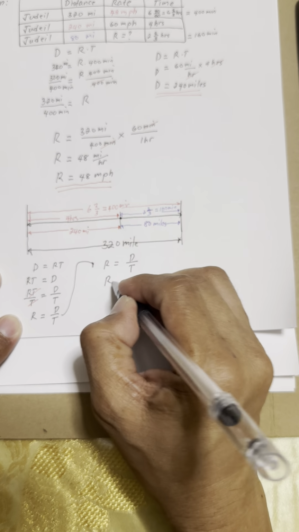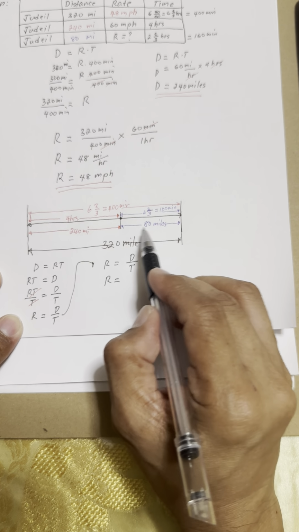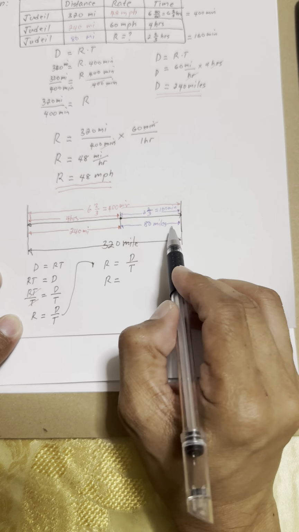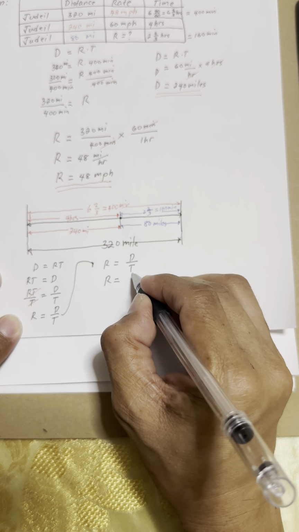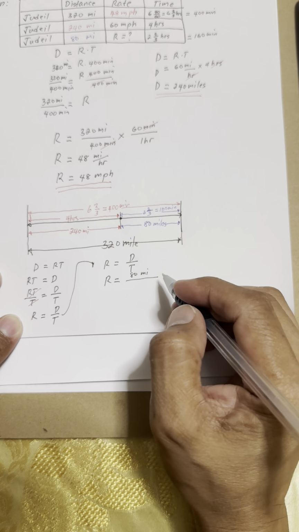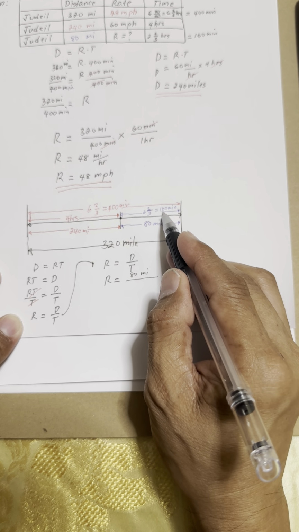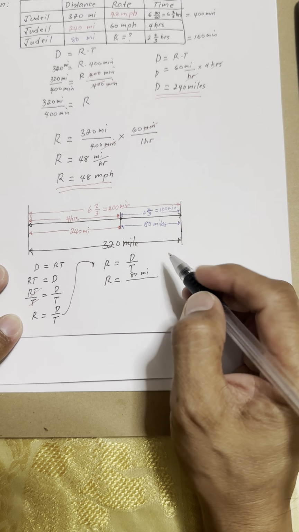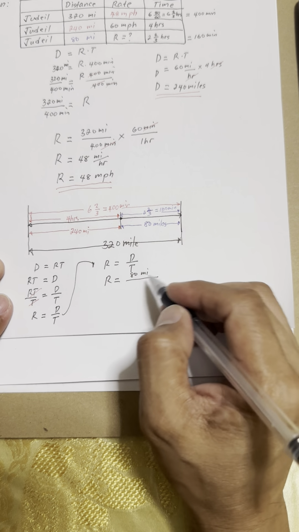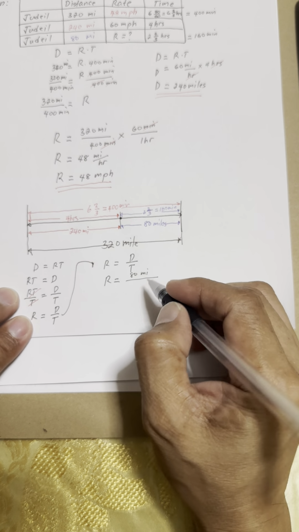Then substituting the values. We have calculated here that the distance is 80 miles, divided by the time. For the time, you can use either this 2 2/3 or 160 minutes. It's up to you, whichever is more convenient so that you can calculate it quickly.